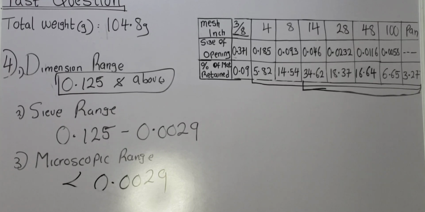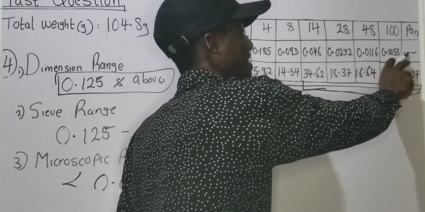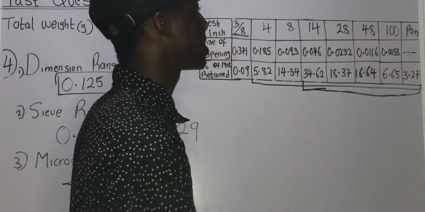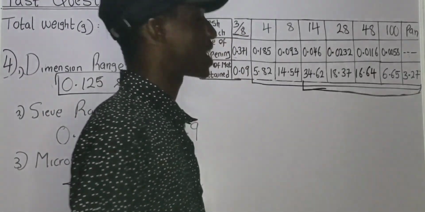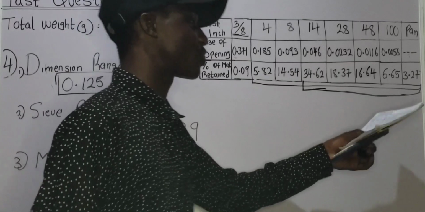To get the range of material that is inside the pan, don't forget that we are not given the size of opening of the pan. You understand? We are not given the size of opening of the pan, but we can actually determine the range of material that is inside the pan, because it is impossible to have nothing on the pan.